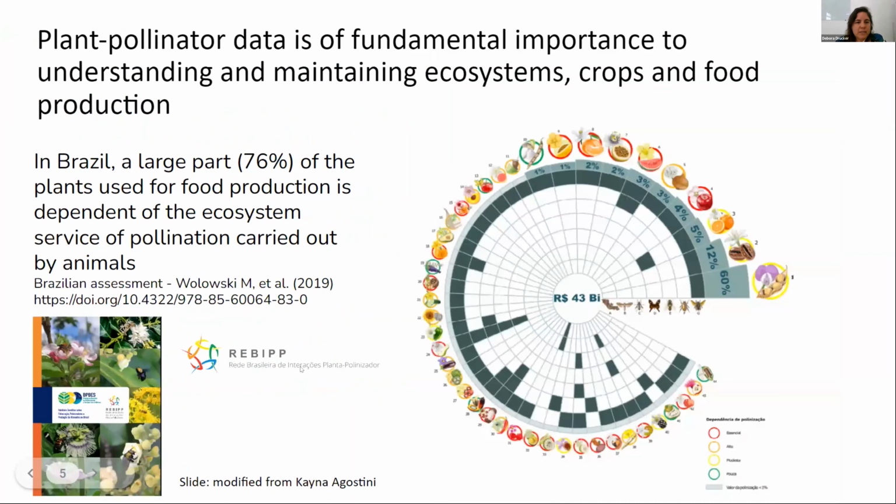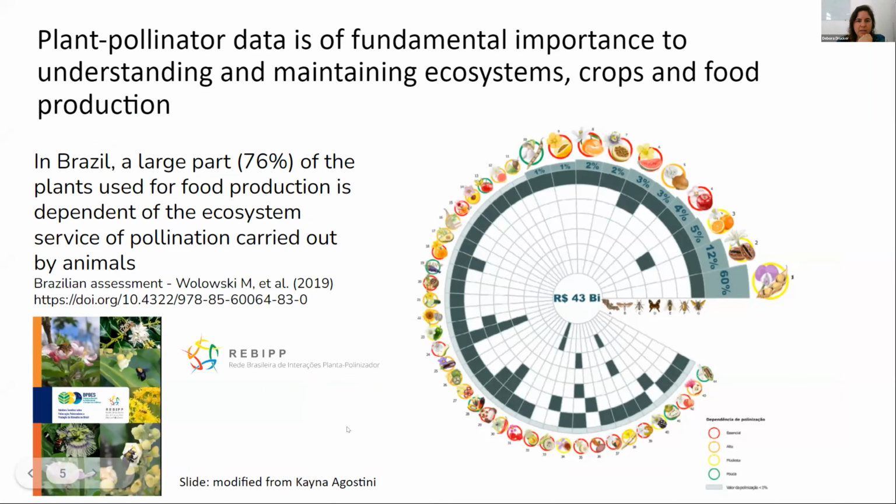And this is similar to what we had in the Brazilian platform on biodiversity and ecosystem services, which also estimated that 76% of the plants used for food production is dependent on this so important ecosystem service.